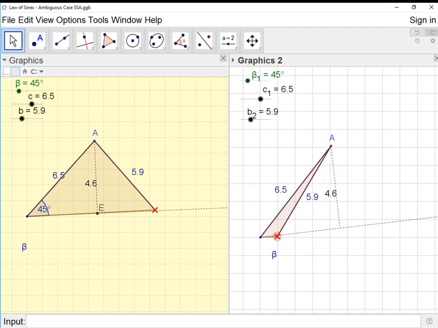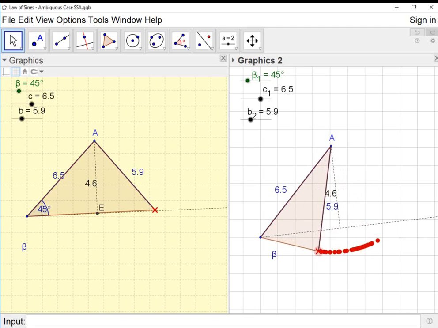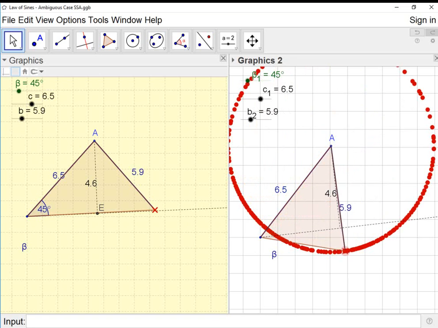If we were to trace that, get the circle, the idea is if this circle intersects this ray down here 2 times, then you cannot guarantee congruence.